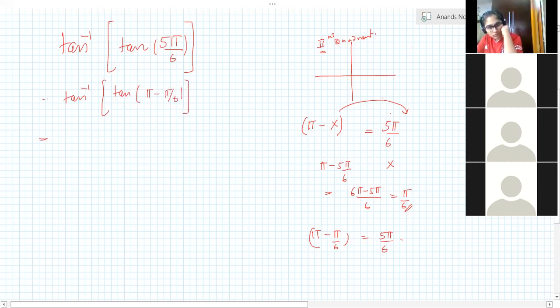Shreya, are you following this one? Yes, sir. Then tan of 180 minus theta is minus tan theta. Till now we didn't do anything, we just changed it, because we want an angle which is between minus pi by 2 and pi by 2. We gauged it is in the second quadrant. Second quadrant means you can use 180 minus theta, and that theta will be small, like we got here.